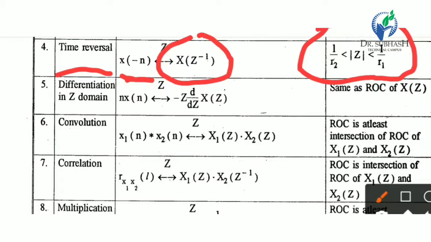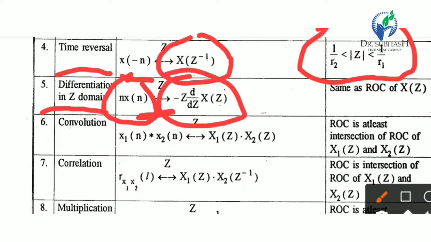The next property is differentiation in the z domain. Whenever n is multiplied with x of n, the Z transform is minus z d by dz of X(z), and the ROC is the same as the ROC of X(z).